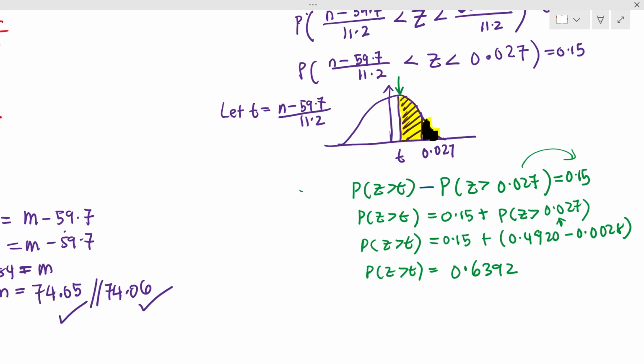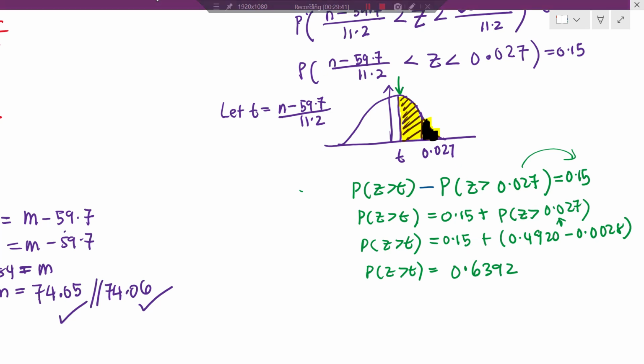Because your t is supposed to be, the probability should be more than 0.5 here. Okay, at this point sometimes this confusion can happen.